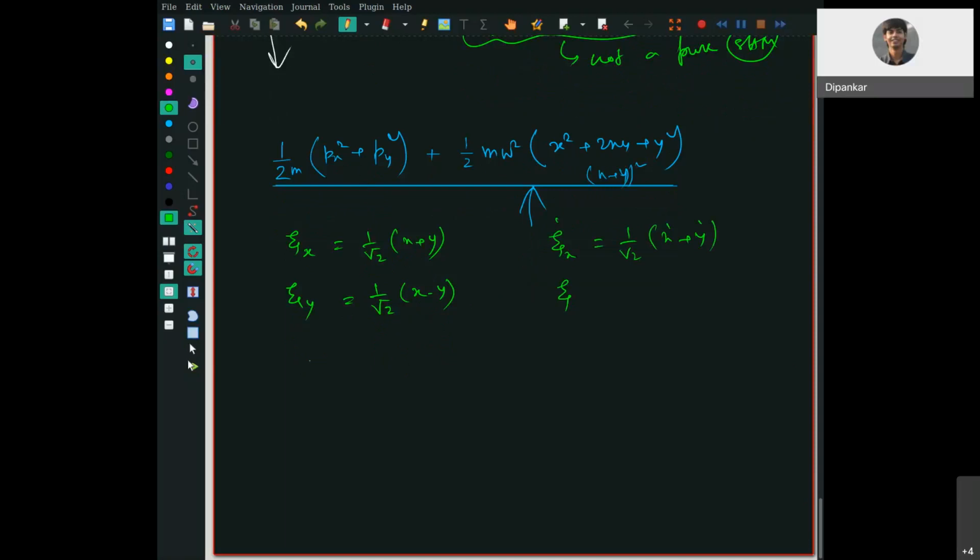So what you will find is that this basically reduces to p xi x square plus p xi y square, plus, I do not know, here might be half m (omega by root 2) whole square, if I am not terribly wrong here, and then just xi x square.